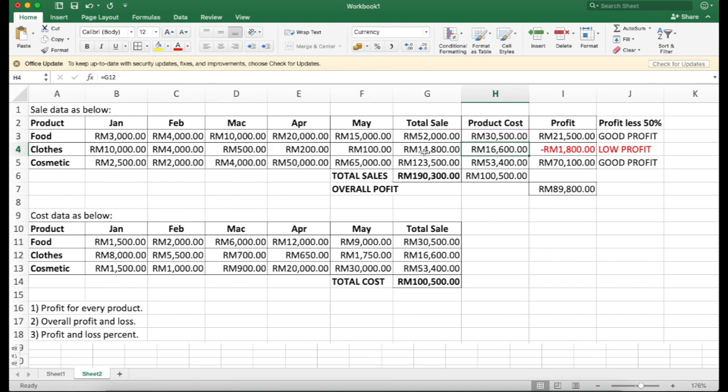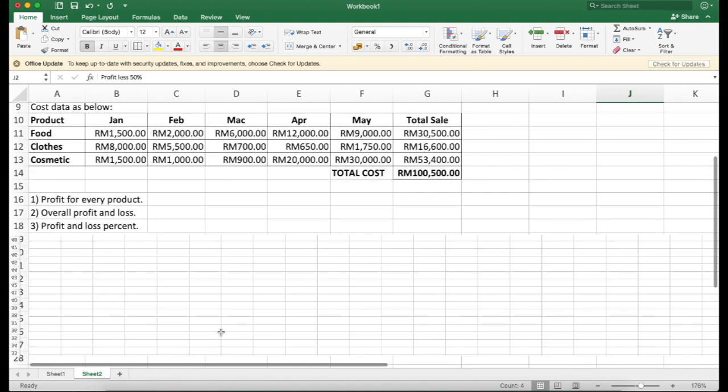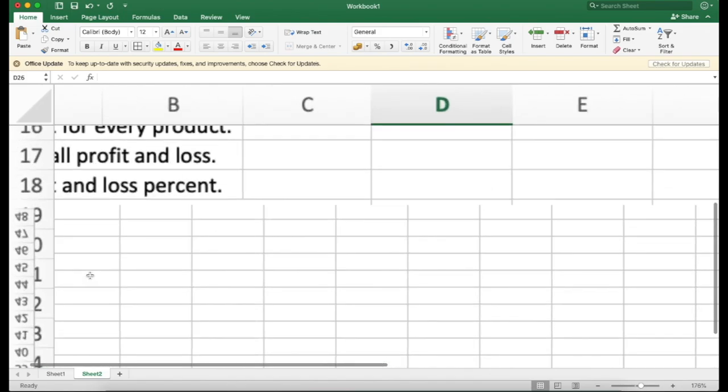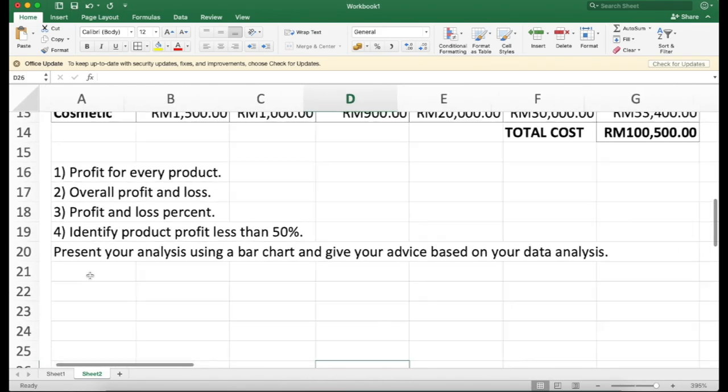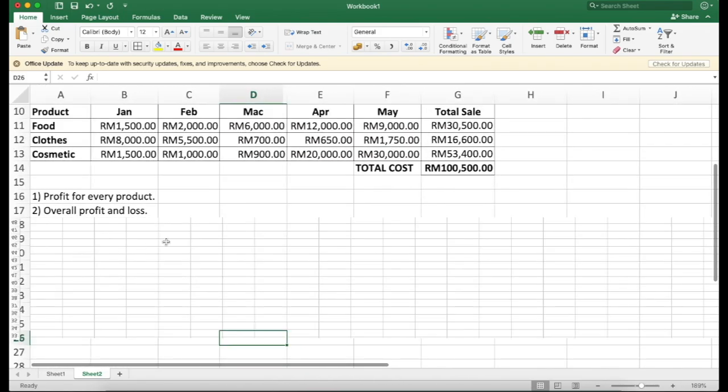So tengok sale dia 14,800 tapi cost dia 16,000. So cost dia lebih tinggi daripada 1,800. So kita kata yang profit dapat less than 50,000 from the cost. So not good lah, low profit. Okay, dah dapat. So tugas kita sekarang nak kena buat present your analysis using chart.